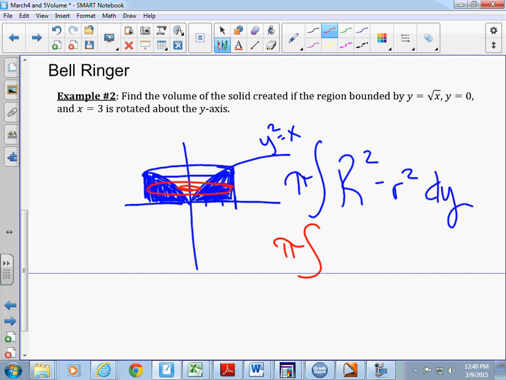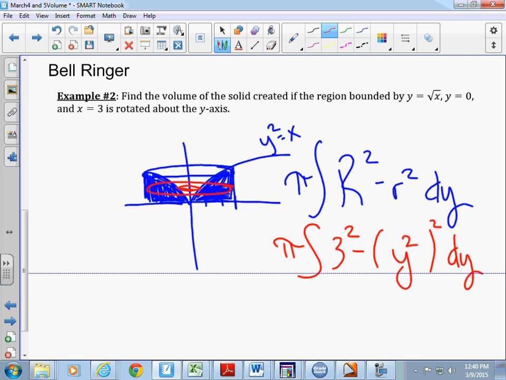Everyone agree? 3? That outside circle is the same all the way up. In fact, my outside shape is a cylinder. Does everyone see that? So 3 squared minus the inside radius. That's a little bit more work. Not a ton. But the inside radius would be y squared minus 0, or just y squared.